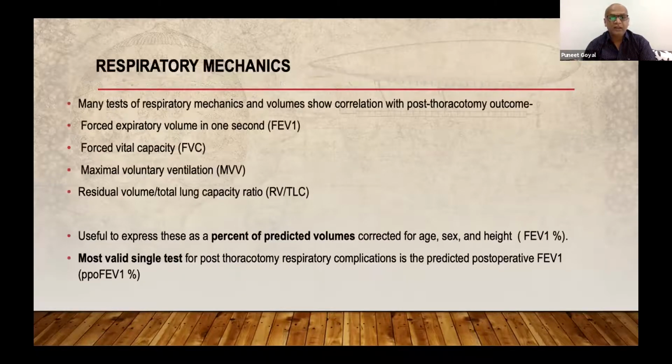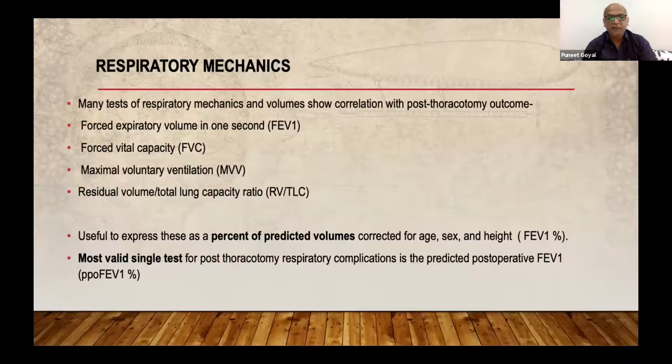So first thing is respiratory mechanics. The most important and simple test is forced expiratory volume in 1 second, or FEV1. Then second is forced vital capacity, third is maximum voluntary ventilation, and then the residual volume to total lung capacity ratio.